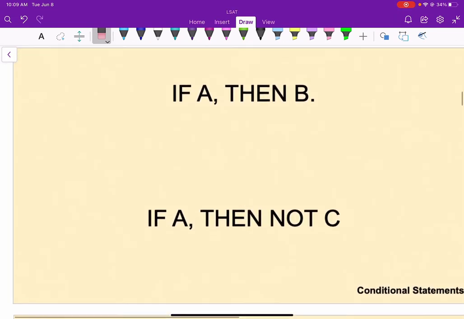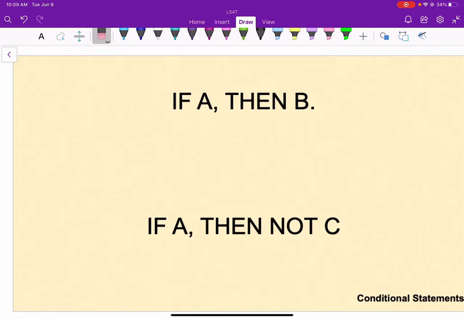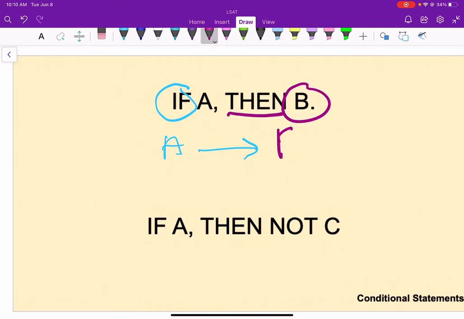So what this looks like then is we're just going to practice diagramming for a quick second. So go ahead and try diagramming these. All right, so we know that if introduces sufficient, so it goes on the left. So if A, then B, and then what is our contrapositive of that?